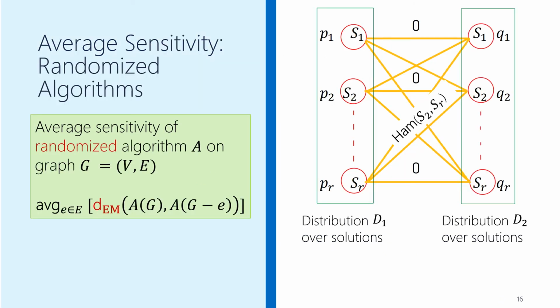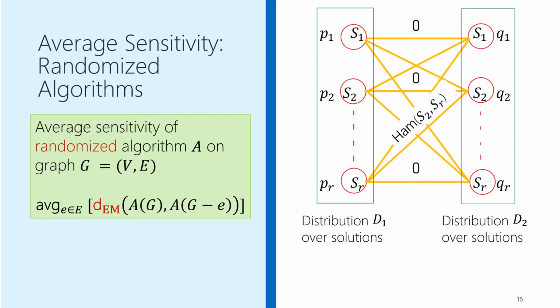Here is a quick definition of earth mover's distance. On the right pane, consider two distributions D1 and D2. Assume that they are supported over the same set of solutions, denoted by the symbols S1 through SR. The probabilities in D1 and D2 are denoted using the symbols Pi's and Qi's.